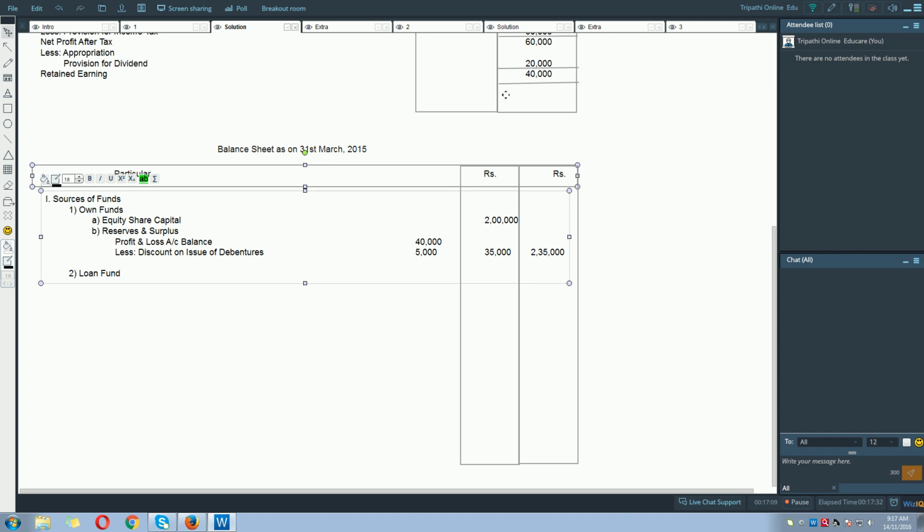If you subtract this, you will get 35,000. So 2 lakh plus 35,000, you will get owned funds, which is 2,35,000.